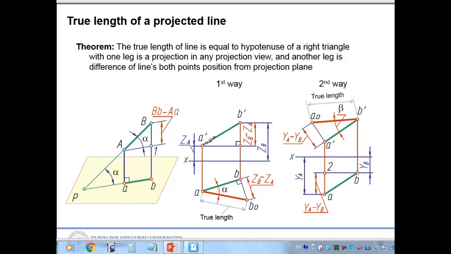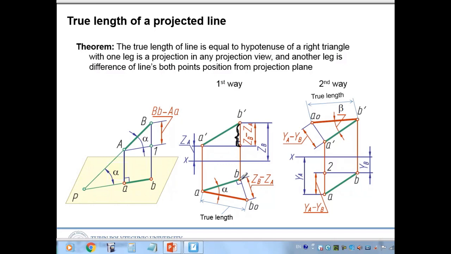So how do we make a true length, or make it 90 degrees, when both projections have a slope? Both projection views are not at 90 degrees. So we have to measure the distance between A and B, so we need to get that distance.